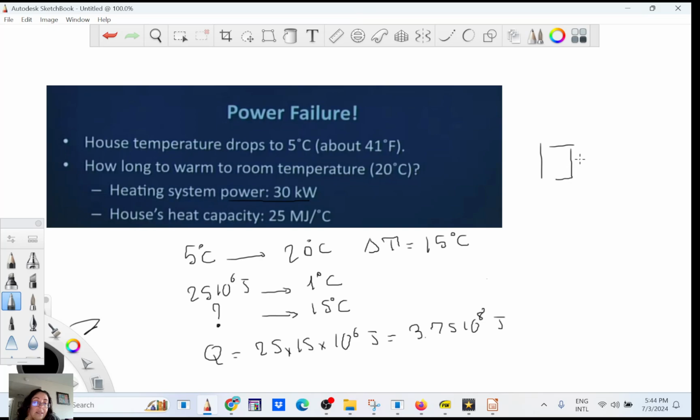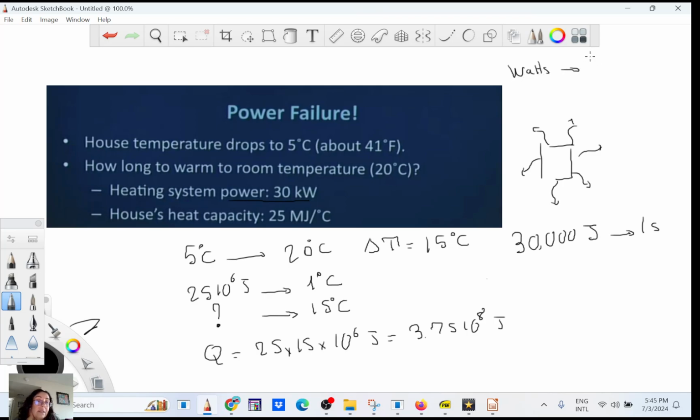So the heating system in the house is going to produce energy at a rate of 30,000 joule per second. Because watt is not a unit of energy, it's really a unit for power.